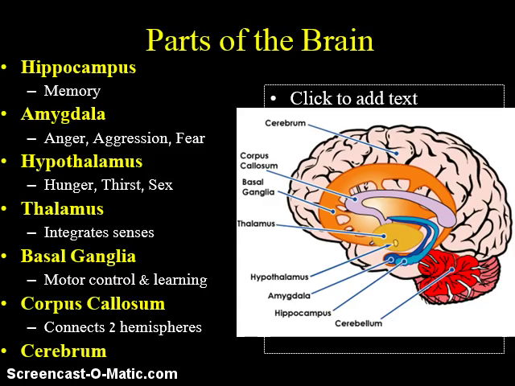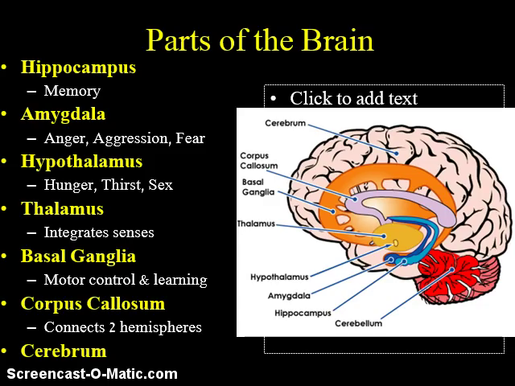Your thalamus, which surrounds your hypothalamus, is going to integrate information that comes into your brain. Don't confuse it with the parietal lobe, which interprets your sensory information. The thalamus, think of it as kind of a circuit board, or the brain's brain. When information comes into the brain, the thalamus is directing it where to go.